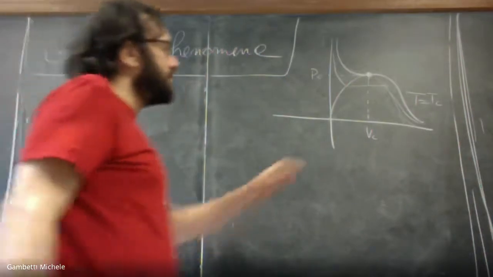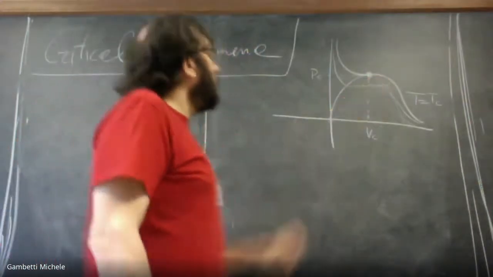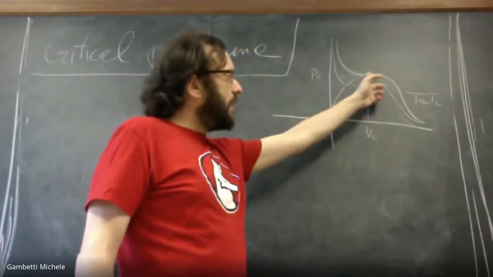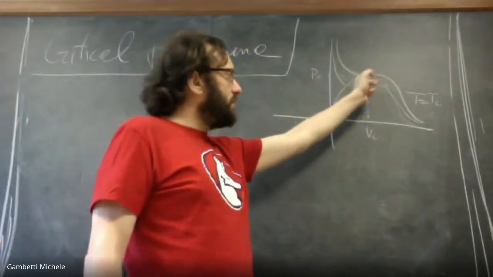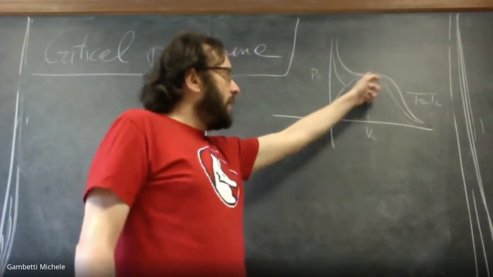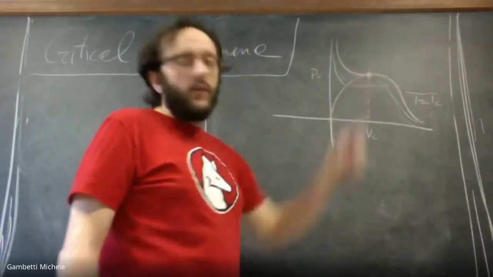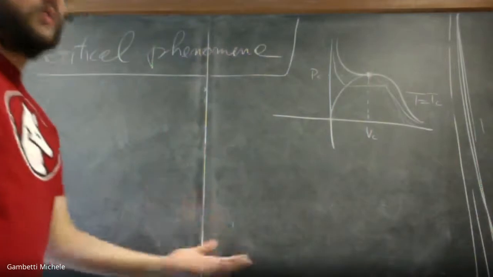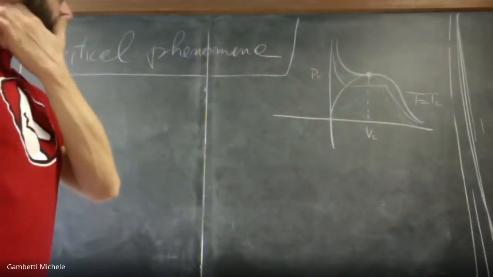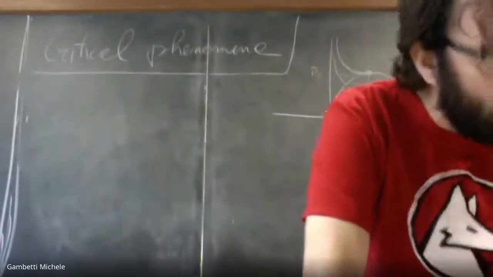All the study of critical phenomena is basically about studying the system close to this point, how the thermodynamical quantities behave close to this point, and if some of them diverge, studying how they diverge. And basically, there is a thing called universality. Okay, maybe we will see it later. I'm not sure that we will have enough time.